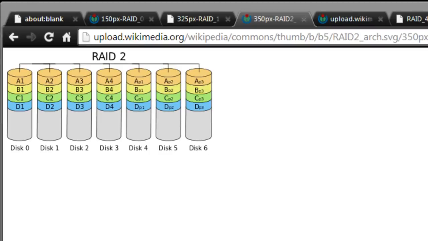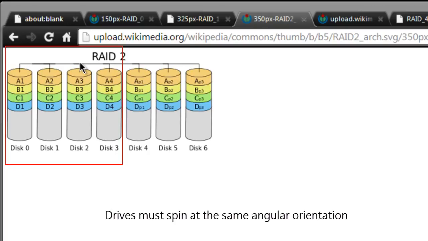So now on to RAID 2, and this is a little bit more complex and it does require a minimum of 3 drives. Here we have 4 terabytes of usable storage, so 4 different drives, and my records are put across all of them. My data is striped at a bit level, so that means the drives need to work in a certain way for them to all work together in the striping.